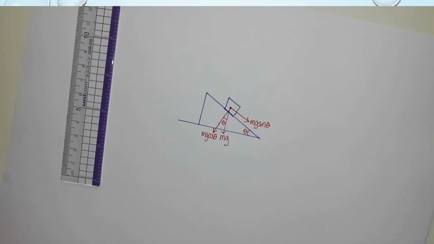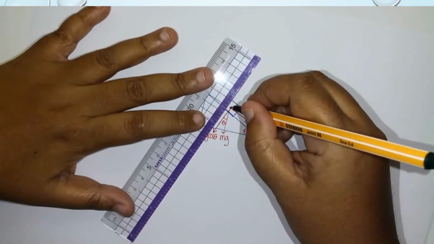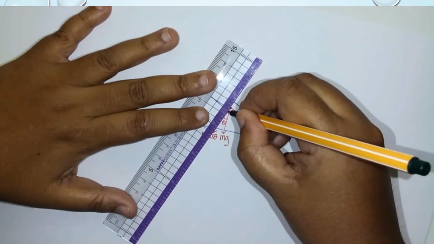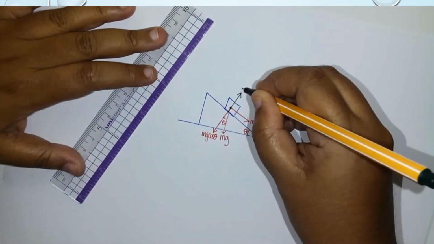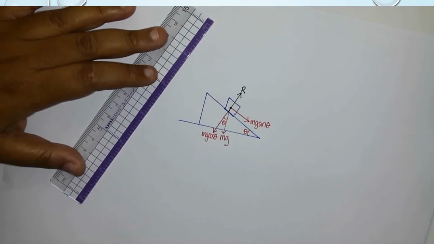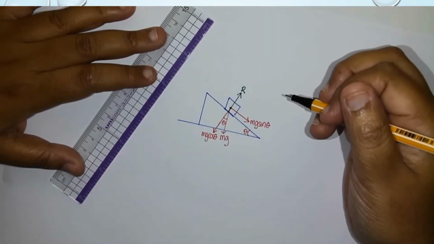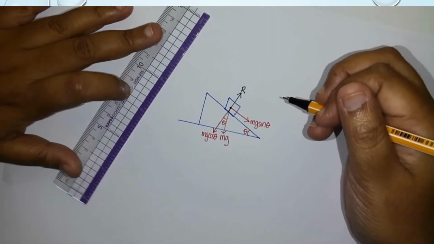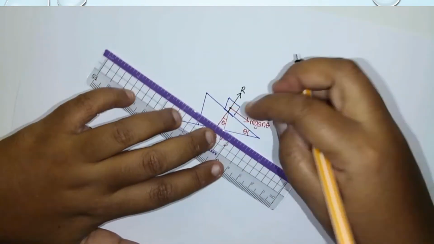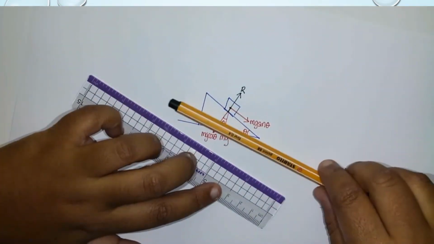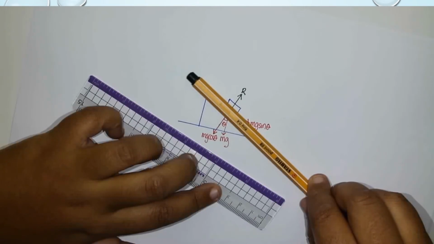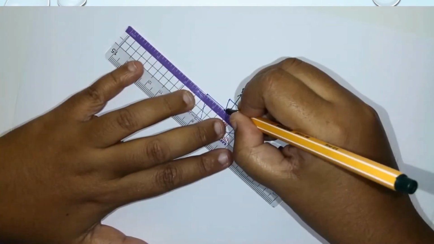Then from the surface we have a normal force, R. The question says the block just starts to slide down, meaning it was at rest and was tilted until it started to slide. So it is from rest, and we have Fs.